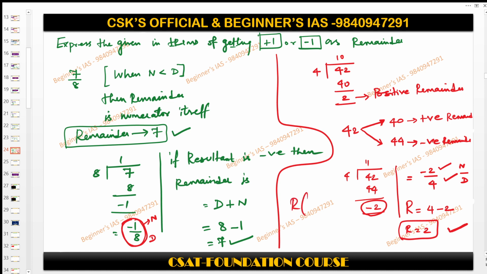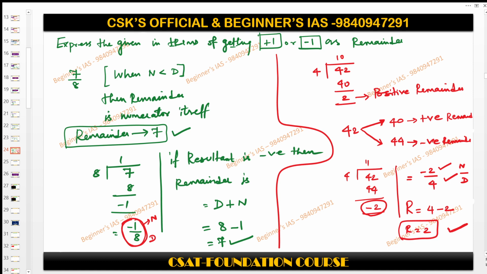Always remember, remainder is some number means minus 2 by 4: when you are dividing some number by 4, you are getting the remainder. Clear? Suppose if you have confusions to understand, you can take it as r also. If anybody wants me to change it as r, we can change minus 1 as r also, not an issue.